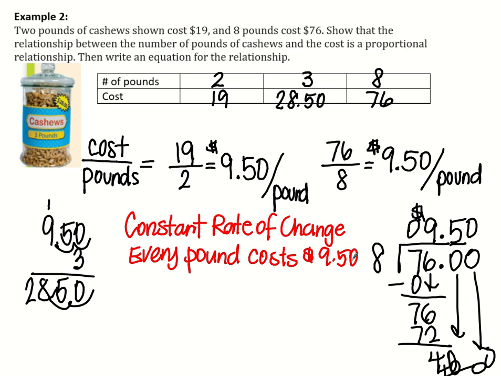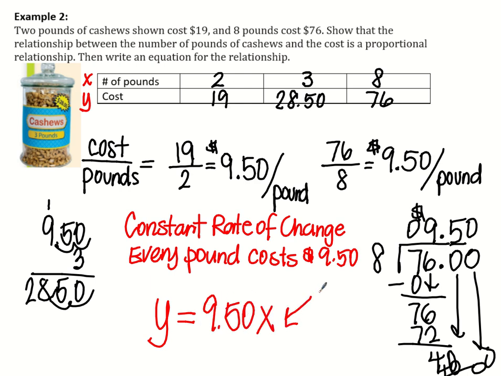If I want to write an equation for this, Ms. Talati went over this in example 1, using your x's and y's. So x is my number of pounds, and y is my total cost. So my total cost, y, would be equal to the number of pounds times $9.50, my $9.50 per pound.